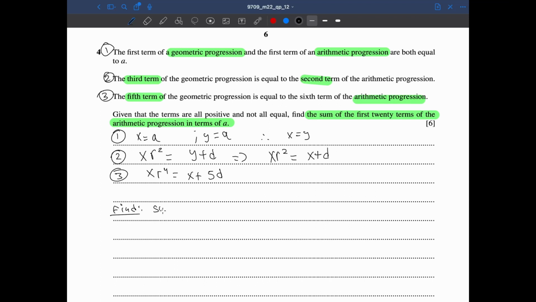Find the sum of the first 20 terms of the arithmetic progression. Okay, so let me just open up a formula sheet. So the AS and A level formula sheet.